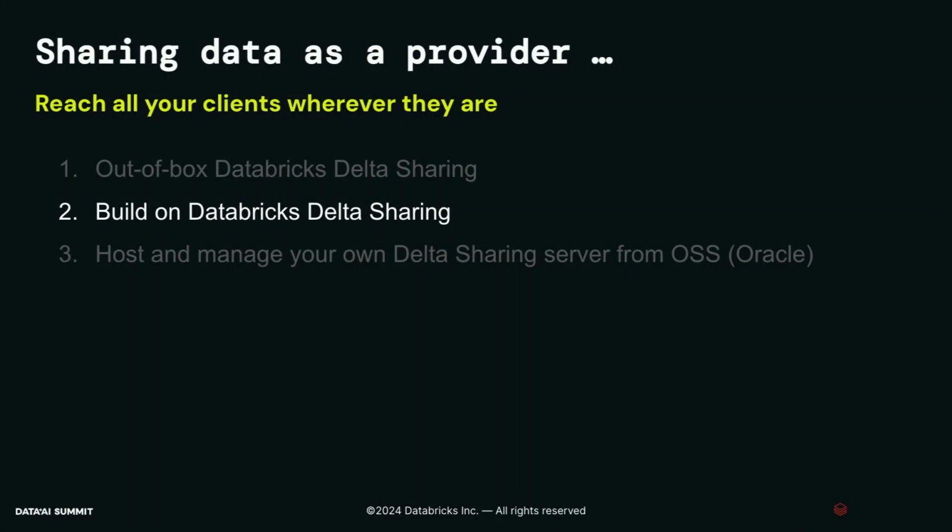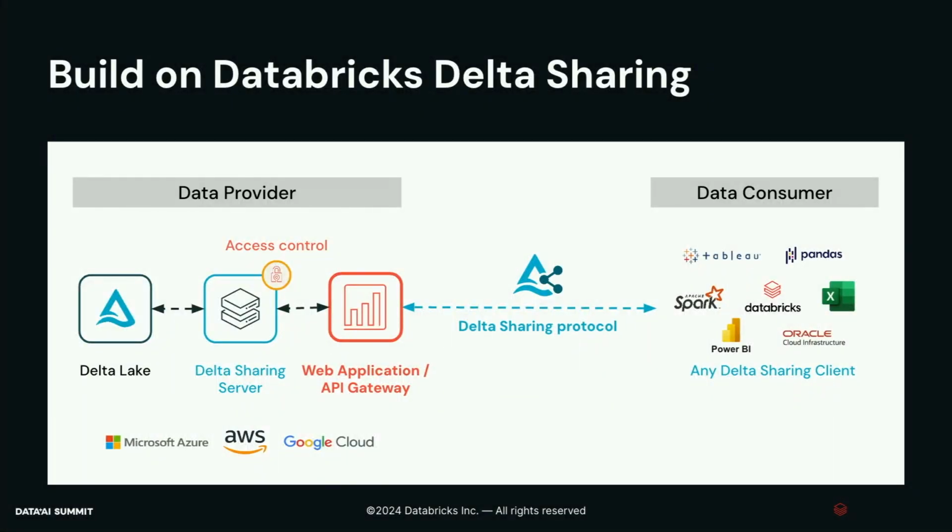But another interesting pattern that we've seen getting a lot of traction recently is to build your own data sharing service on top of Databricks data sharing. So it's like a built-on pattern. Here I will talk about roughly how it can work.